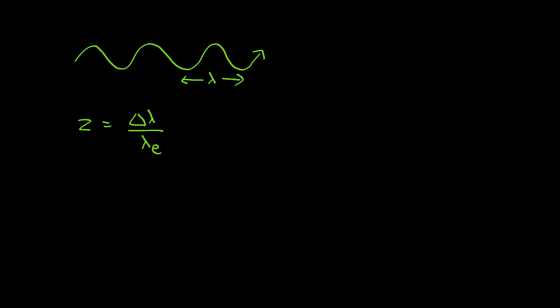So how's that going to be affected by the scale factor? Well, as the universe expands, it's going to stretch the photon. It's going to pull the front and back further apart from each other because they're not bound to each other. So the wavelength of a photon at some time t is going to be equal to the wavelength now times a of t.